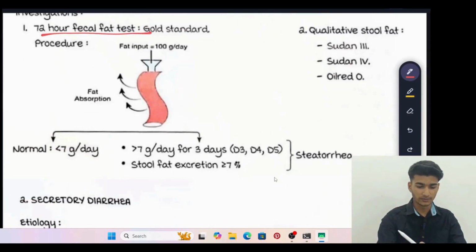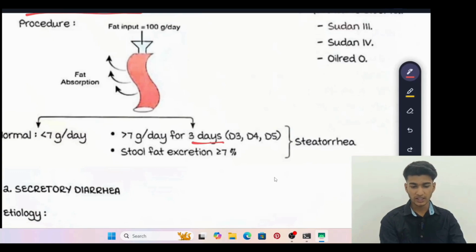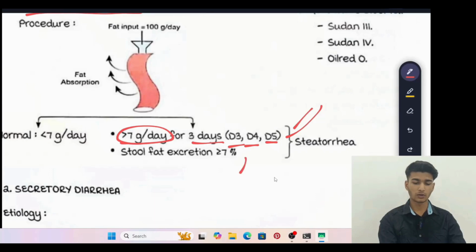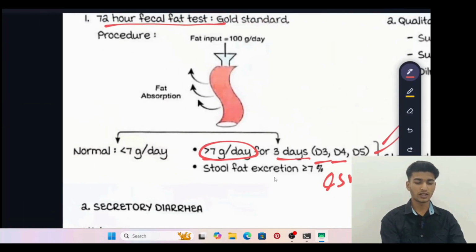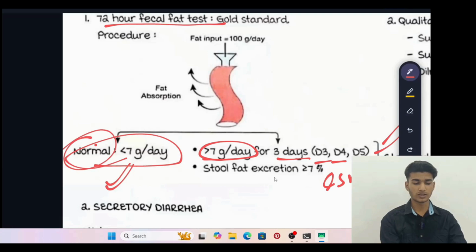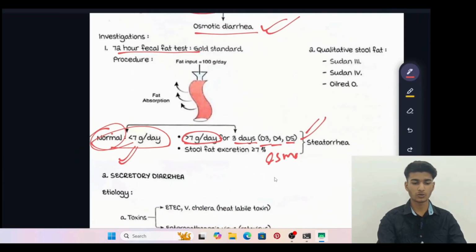From day 3, day 4, day 5, these 3 days you should check the stool. If you get a fat amount of more than 7 gram per day, then you will say he is suffering from osmotic diarrhea. And if you don't get that, then the person is normal, because he is not suffering from osmotic diarrhea.